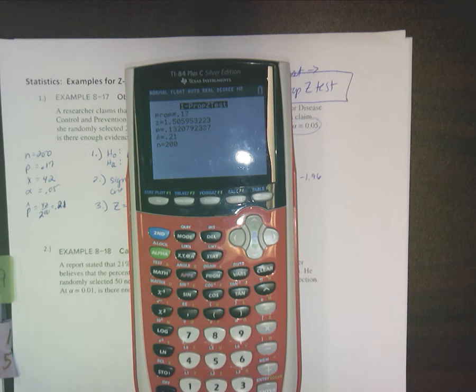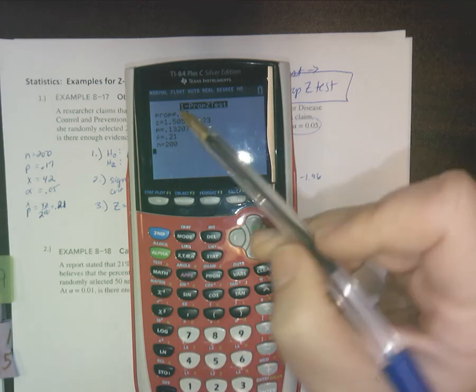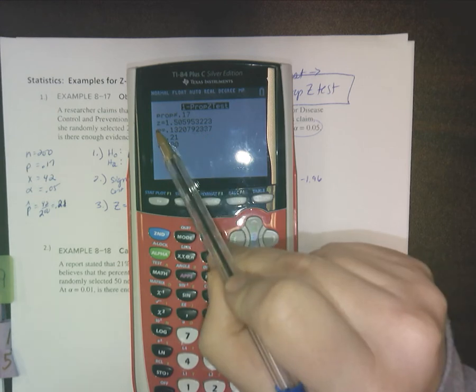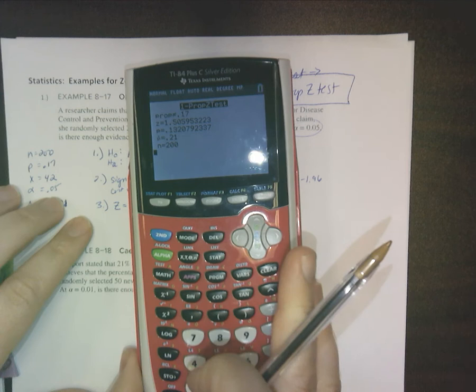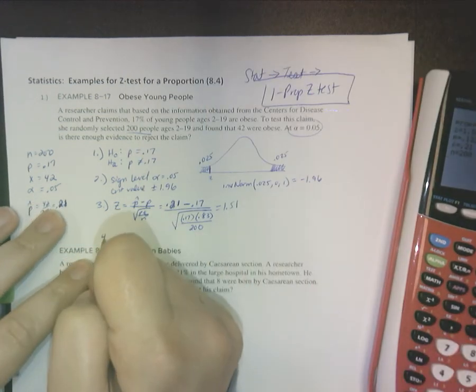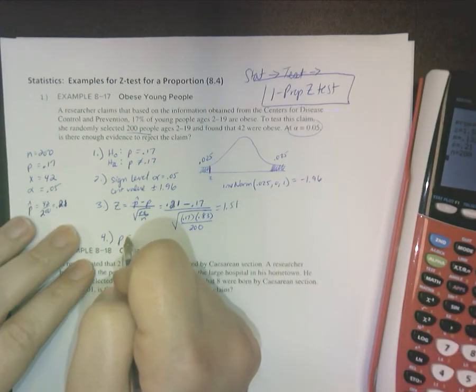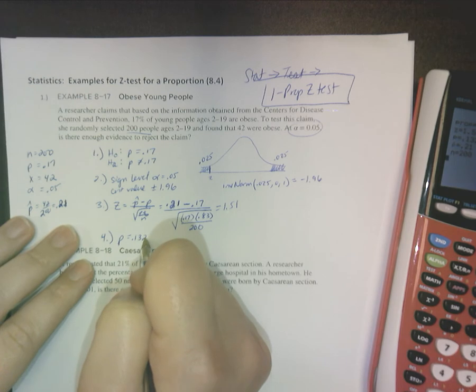That P value is whether or not we reject the hypothesis. This right here underneath the Z, that is your P value. You need to write that down in step number 4. Your P value is 0.132.